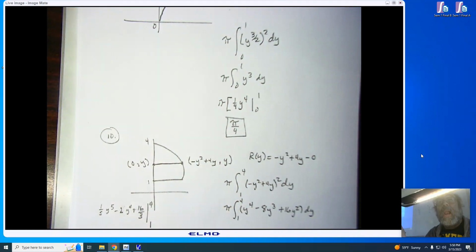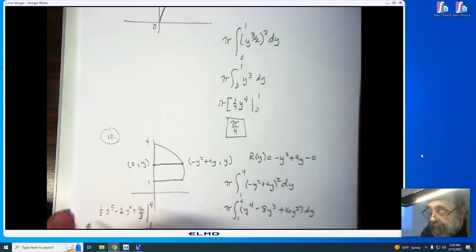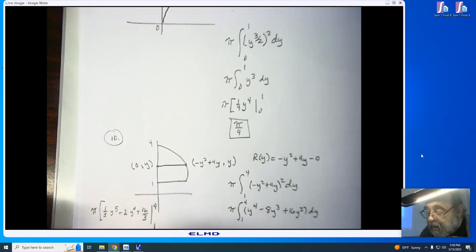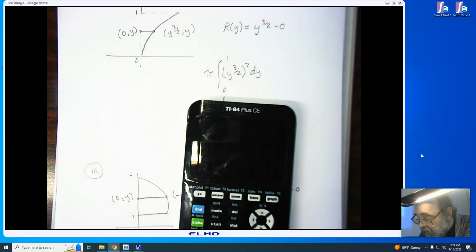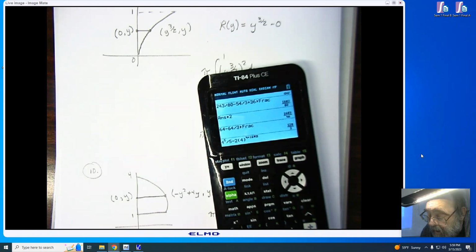And lo and behold, there went my lights, everybody. As expected, I'm going to put this into my calculator, multiply by pi, and then I'm going to end part 1. So let's just take a look at this. We're putting it into our calculator. So I have 4 to the power of 5, and we're dividing by 5. We're subtracting 2 times 4 to the power of 4. And then we have plus 16 times my y squared.